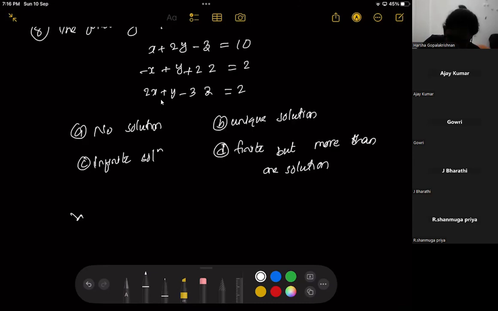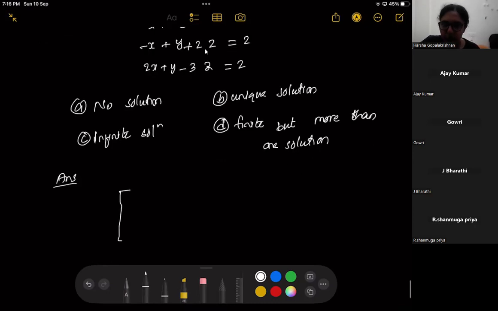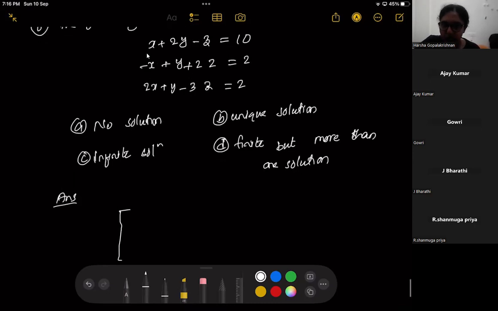The first equation is x plus 2y minus z. So we take the coefficient of each variable and write it in a row: 1, 2, minus 1.